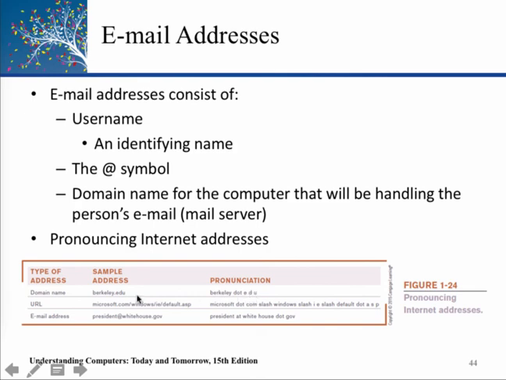We're just going to spell out what's afterward. The URL, microsoft.com/windows/IE/default.asp. And then an email address would be president@whitehouse.gov. So that's kind of the language again. That's how we would say these things out loud.